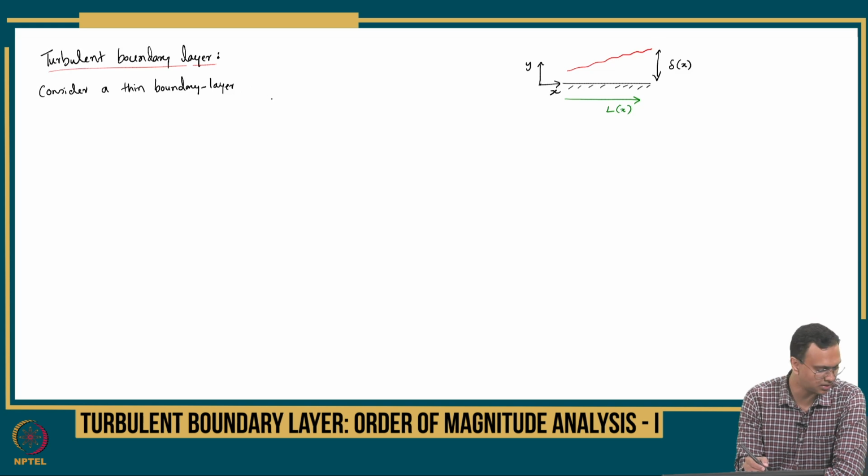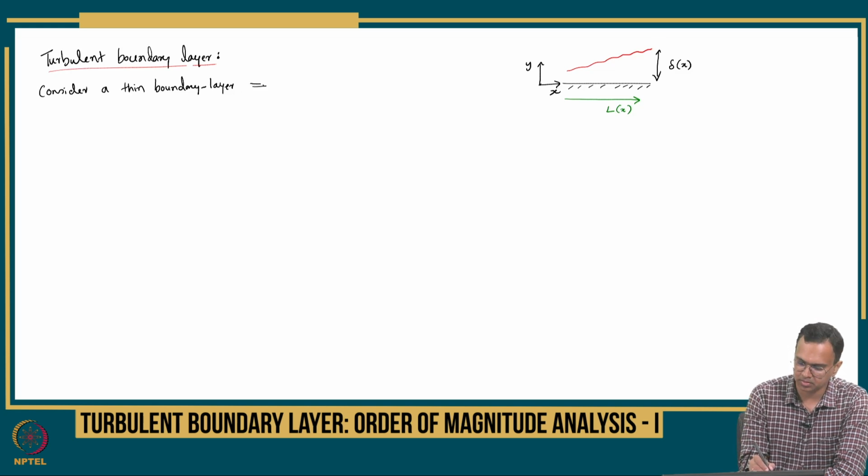So when I say consider a thin boundary layer, it means two length scales are required to define the flow.